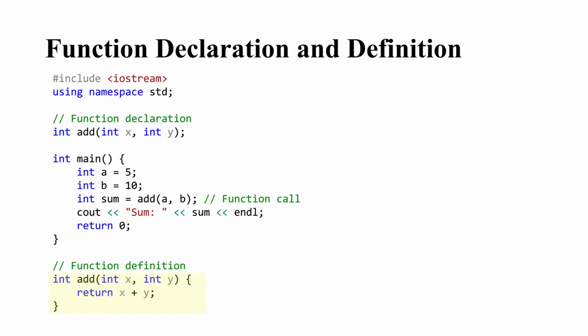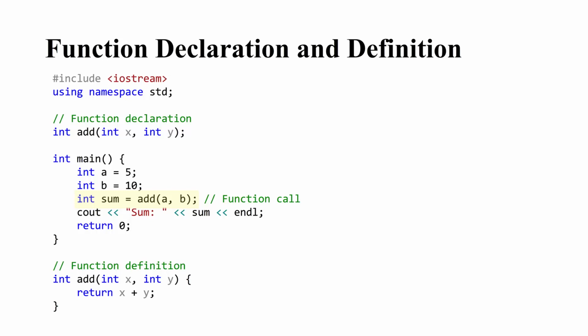Inside the add function, the program calculates the sum of the two input arguments, x and y, which correspond to a and b from the main function. By evaluating the expression x + y, the result of this calculation is returned to the calling function in main.